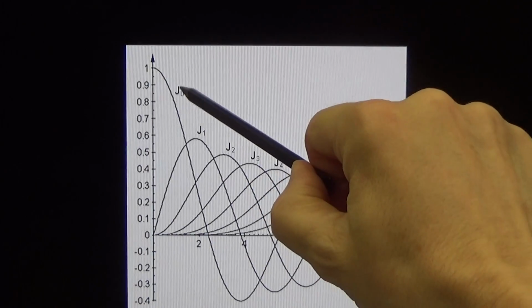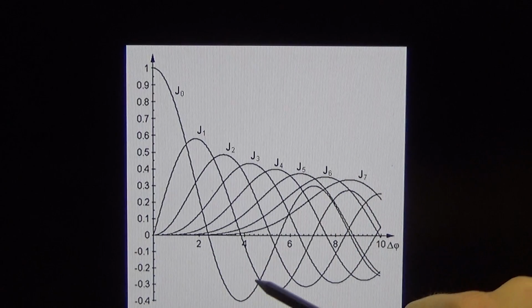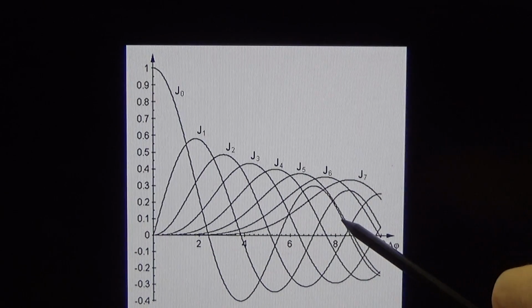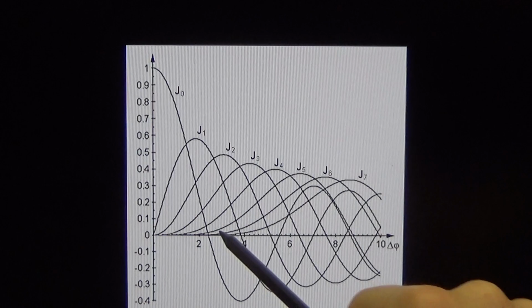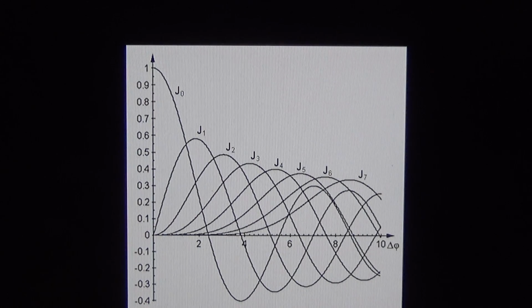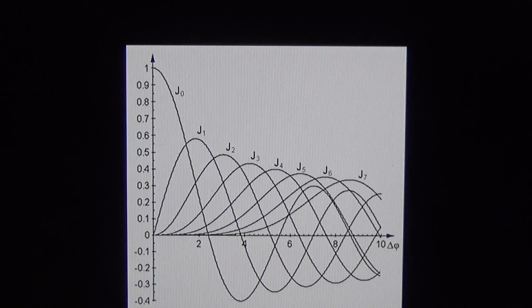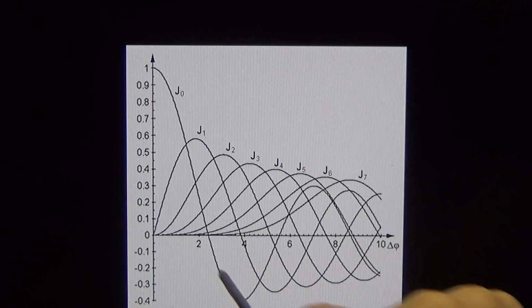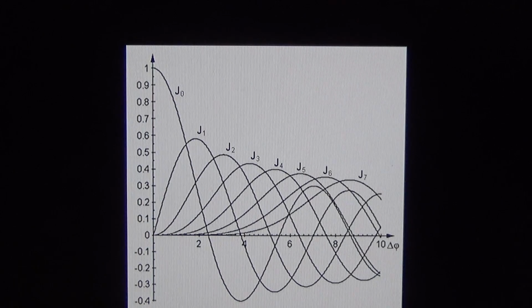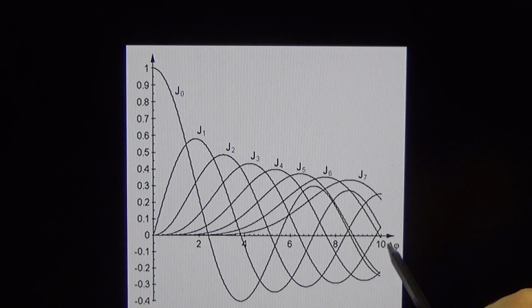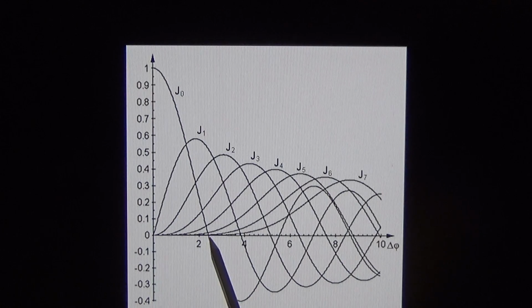And if we follow our J0, we see that we have of course more than only one 0 point. Very, very interesting for us is the first 0 point, because we really can work with this first 0 point, because you can see it here already, delta phi, the first 0 point is at 2.4, right?